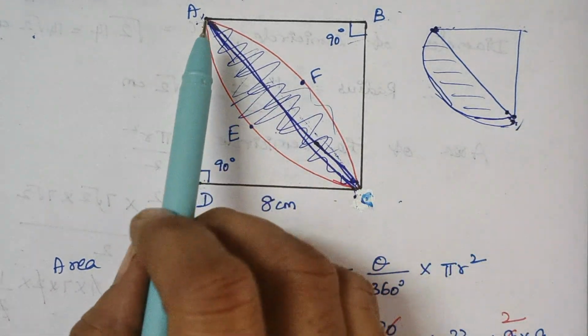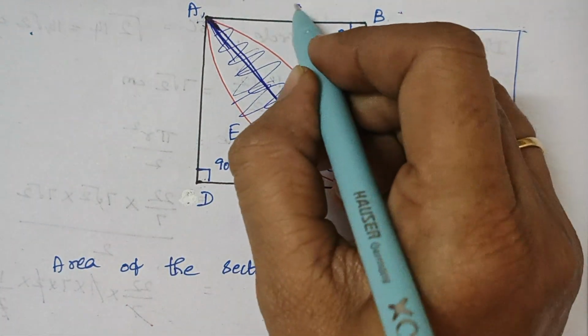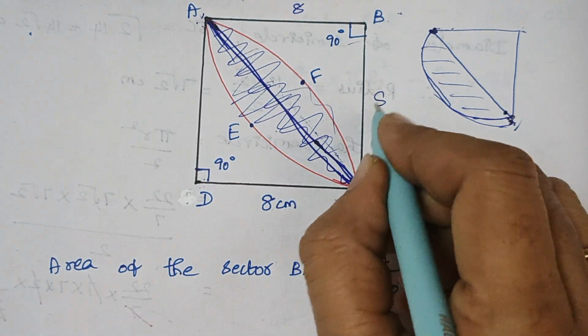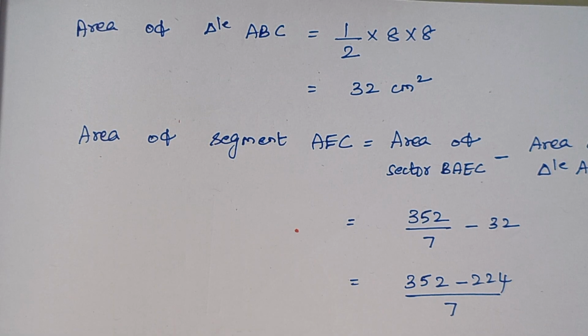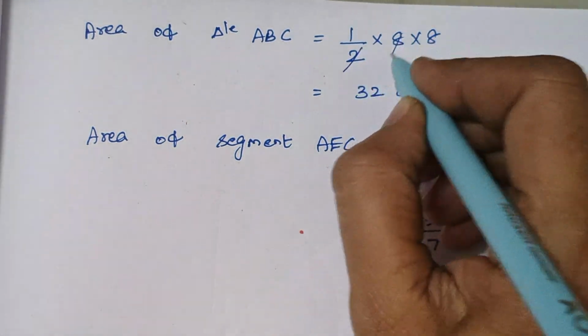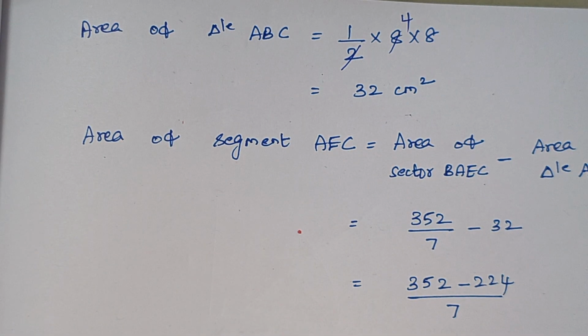So just consider the triangle A, B and C. So here again this is of the value 8 and this is also having the same value 8. So when you substitute, 1 by 2 into 8 into 8, and this 2 and 8 get cancelled. So finally the answer is 32 centimeter square.